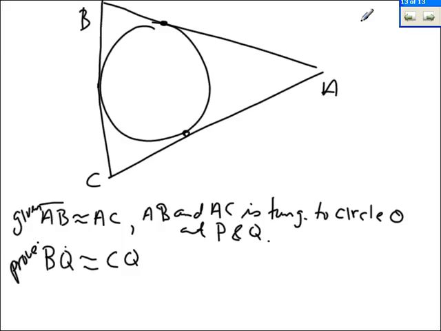AB is tangent at P and Q. Right. Now, here is the center. I know that this length and this length and that length are the same. But no, that does not mean they cut off the same arcs. And I know this angle and this angle are the same.